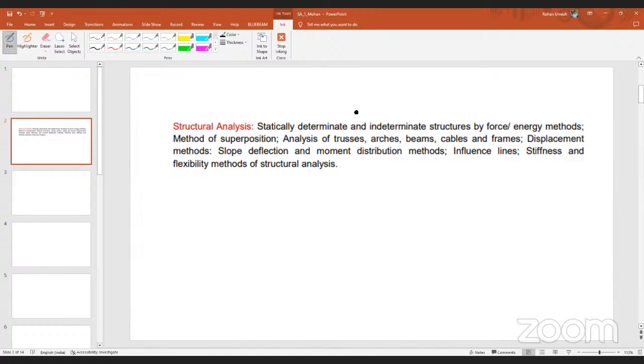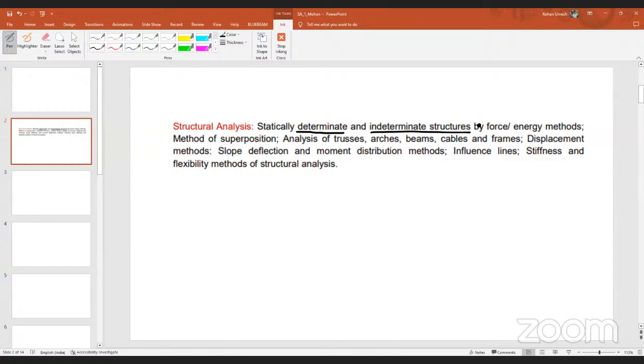If we go through the syllabus briefly, there are 2 primary topics: determinate and indeterminate structures.